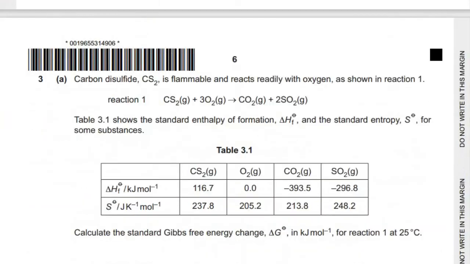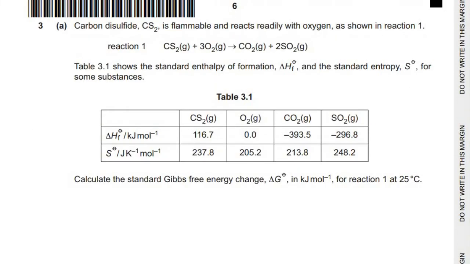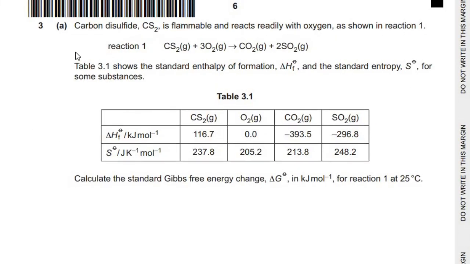Question 3. Question 3a: carbon disulfide, CS2, is flammable and reacts readily with oxygen as shown in reaction 1, where carbon disulfide is reacting with oxygen to form carbon dioxide and sulfur dioxide, and the balanced reaction is given here, and we are given some data in this table.